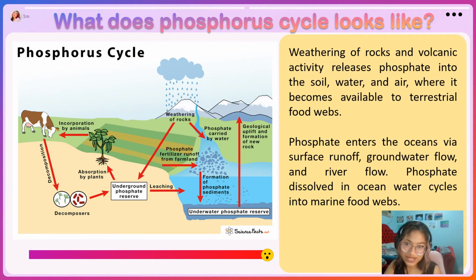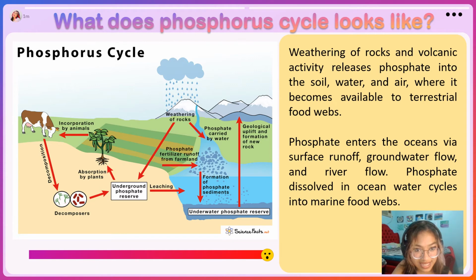What does the phosphorus cycle look like? Here you can find a photo where we can see the weathering of rocks. We can see the phosphate carried by water, the phosphate fertilizer runoff from farmland, and the formation of phosphate sediments and geological uplift.